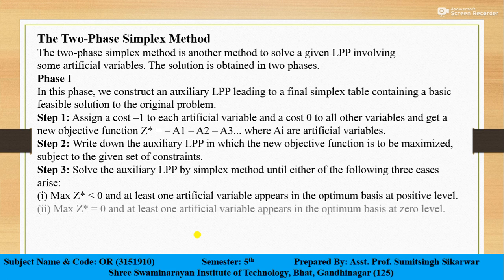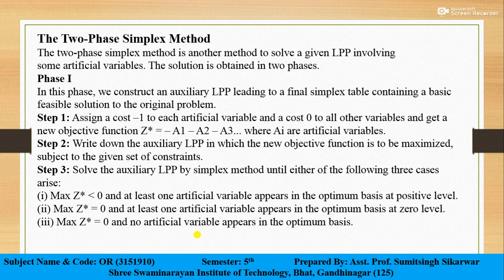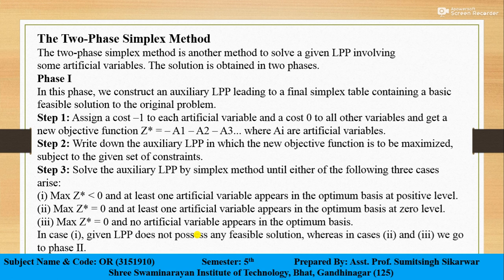If we have max z star equal to 0, then we'll have at least one artificial variable at 0 level, and for maximum z star greater than 0, no artificial variables appear in the optimal basis. So in case 1, the given LPP does not possess any feasible solution, whereas in cases 2 and 3 we go to phase 2.